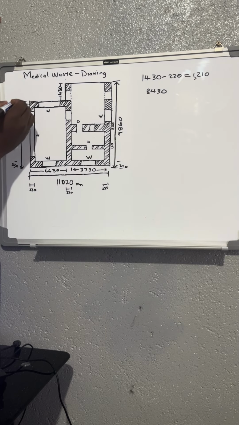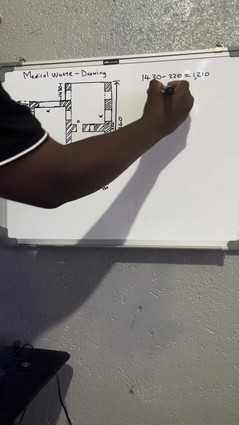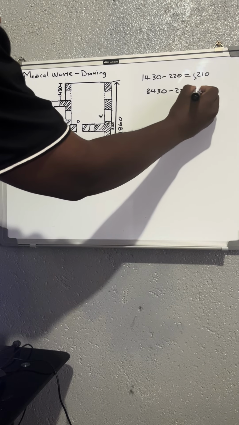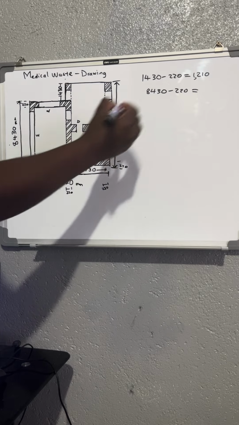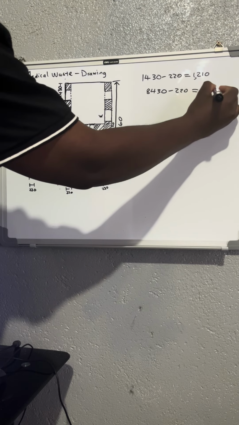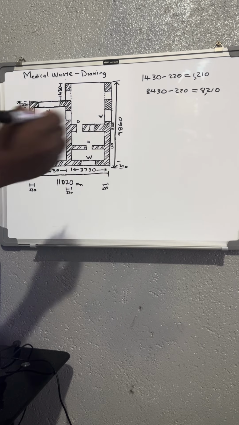Remember it's from here to exactly there. Then we're only going to deduct this 220, or this corner here, minus the 220. Then what are we getting? We are getting 8210, that is 8.21. Then now, since we're done with this side, we're going to focus on the other side.